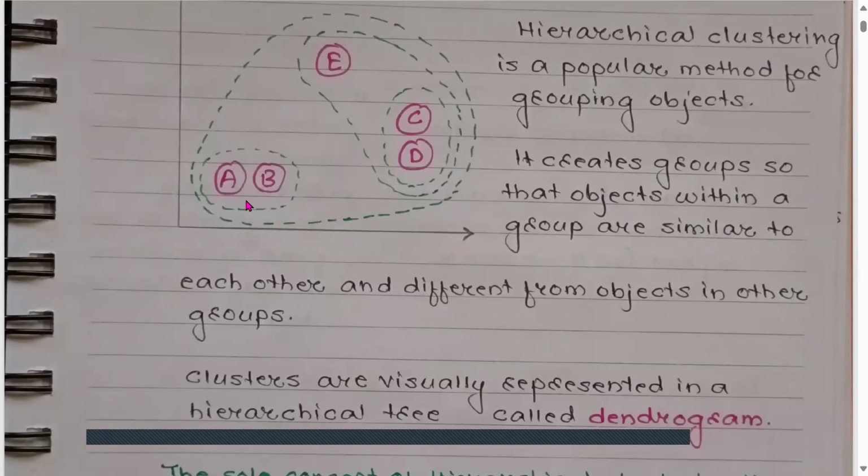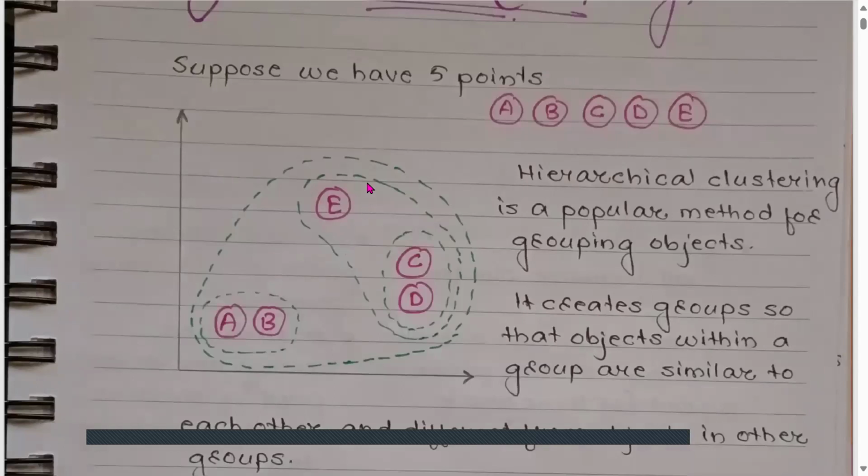This group has some similarity, this group has some similarity, but the similarity of this group and this group are different. And then this group and this group combined have some similarity. That is why they are clustered in one group.